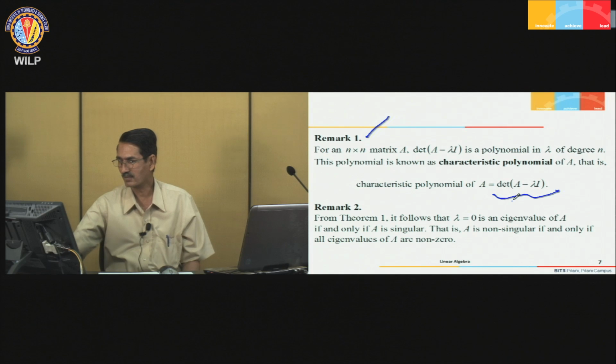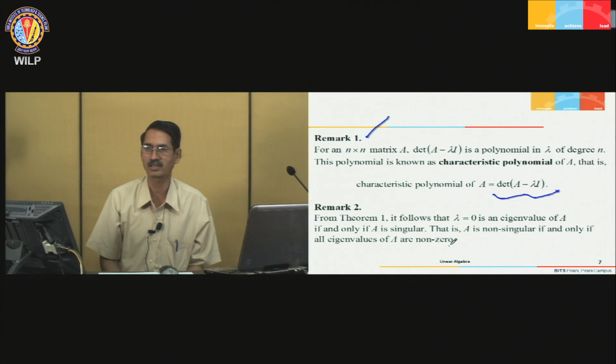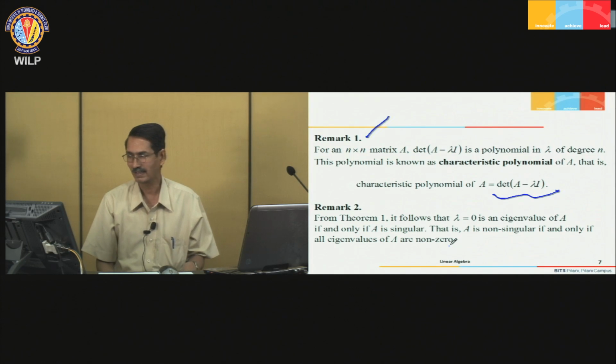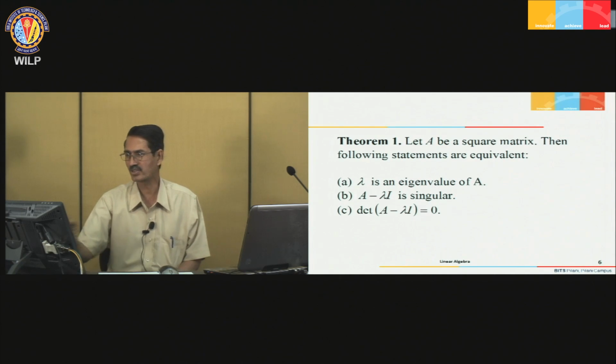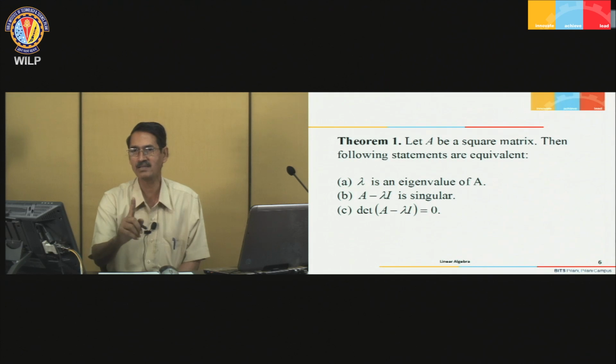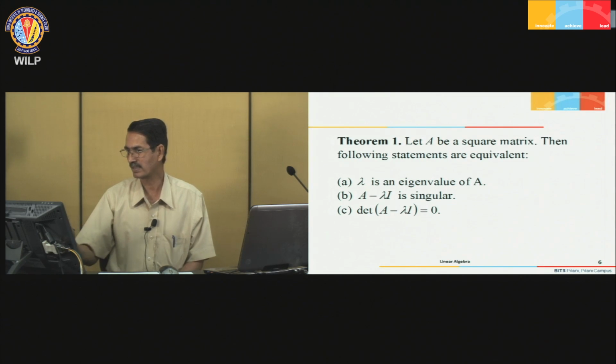Look at your second remark, which says that lambda equals 0 is an eigenvalue of A if and only if A is singular. Before this, I will have to go to the previous slide. Remark 2 says that from this theorem, lambda equals 0 is an eigenvalue of A if and only if A is singular. What does it mean? Look at here, determinant of A minus lambda I equals 0.